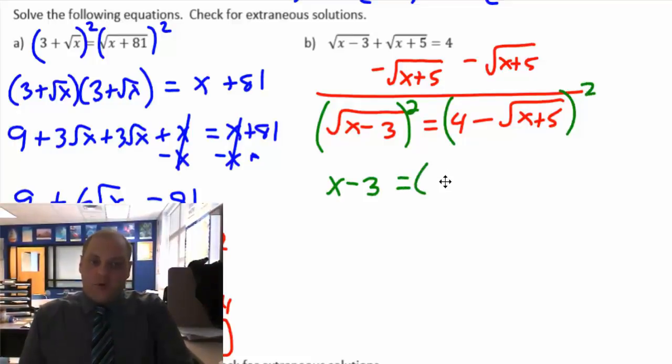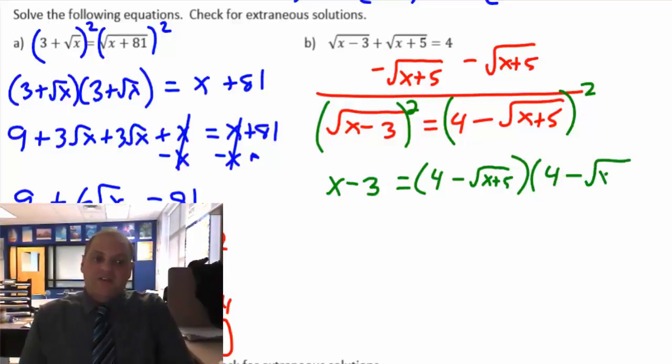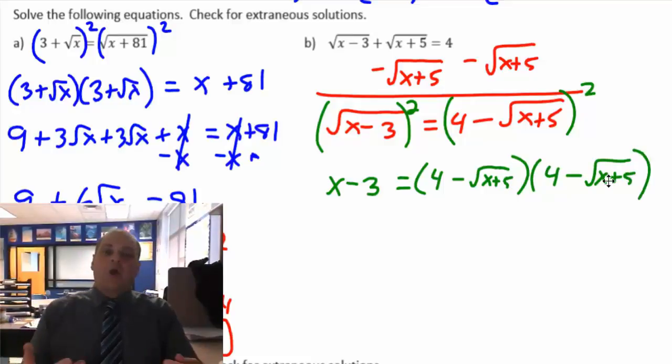You have to make it 4 minus radical x plus 5 times another 4 minus radical x plus 5. Because it's like a binomial. It's like a binomial inside of a binomial. So that's kind of ugly. I'm getting writer's cramp. I don't know about you. So let's see. X minus 3.